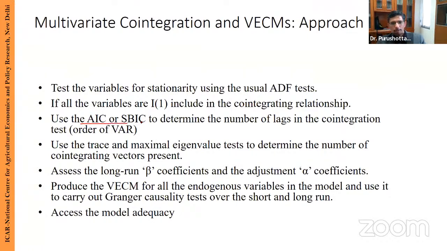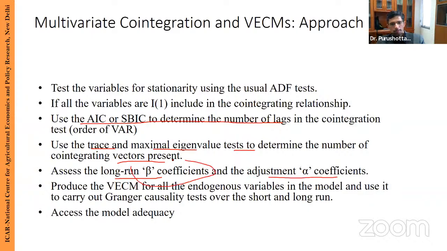The criteria for determining the number of lags is AIC or SBIC. And the trace and maximum eigenvalue tests determine whether there is a cointegrating vector, and how many cointegrating vectors there are. Based on these 2 tests' values we are going to decide. We are going to assess long-term coefficients and adjustment coefficients.